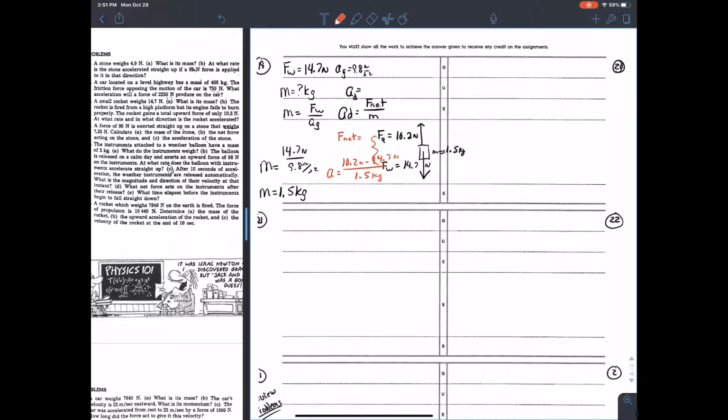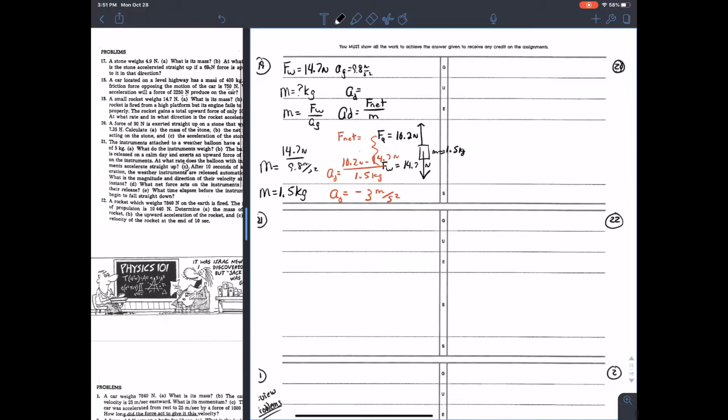Now, when you put that into the calculator, you do end up with a negative number. And what that negative number is going to indicate is that it's going to be falling downwards at an acceleration of 3 meters per second squared. All right, that takes care of number 19.